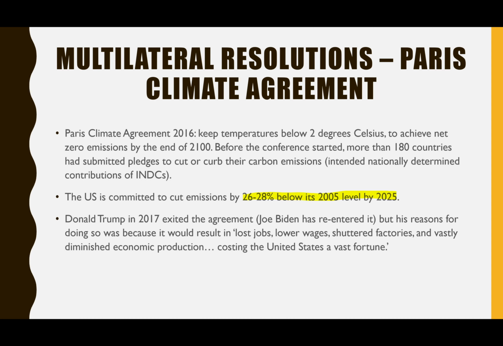But the state reclaimed control. So in 2017, Donald Trump decided to leave the agreement, and his reasons for doing so were economic. So the state was here exercising legitimate control over their area because they were deciding to abandon this agreement because it wasn't in the economic interest of the state.